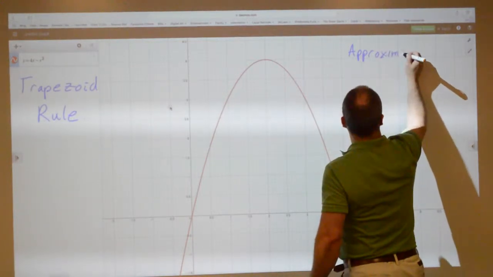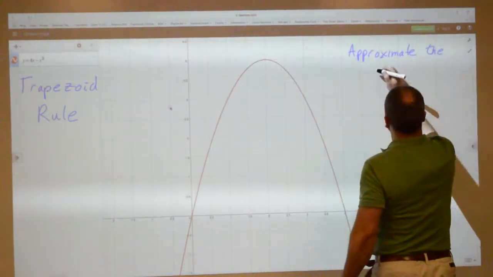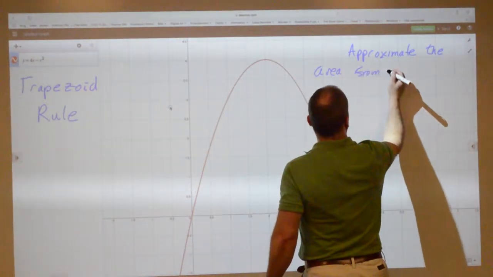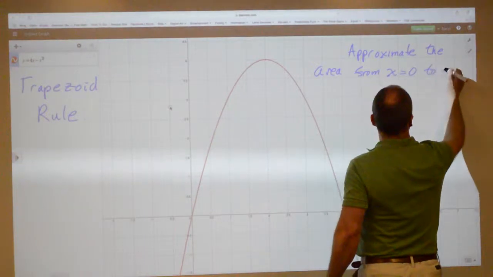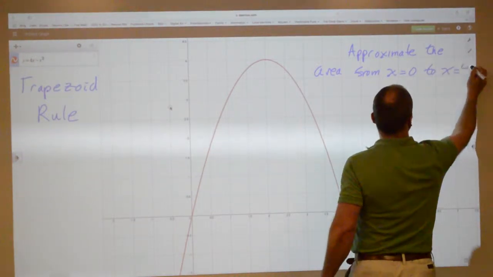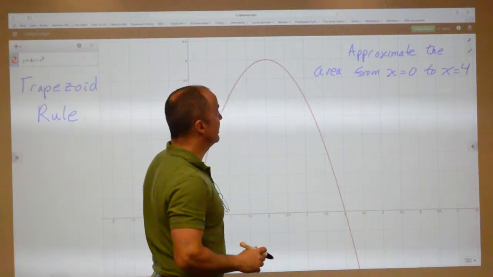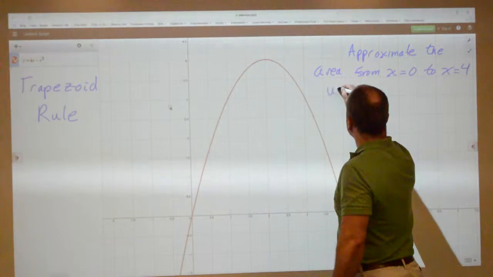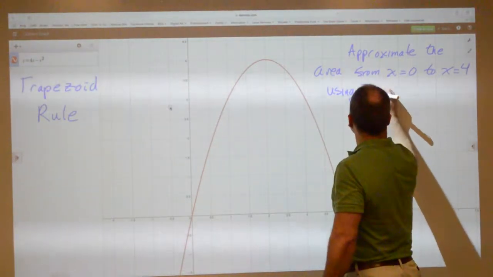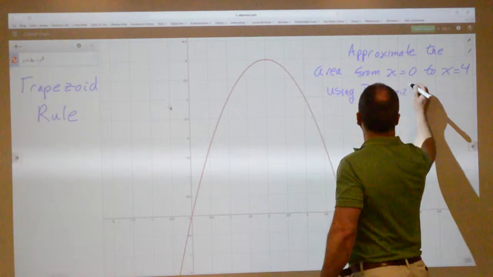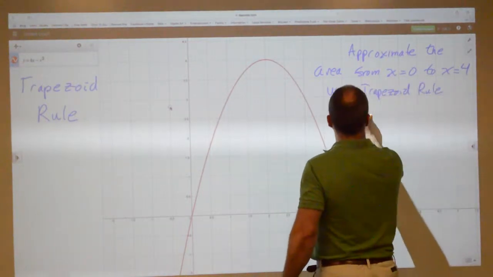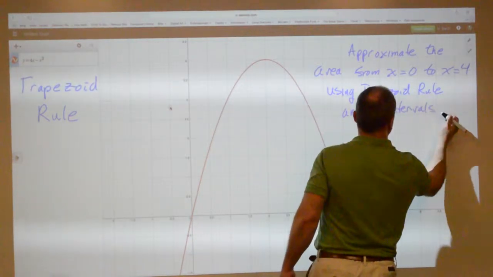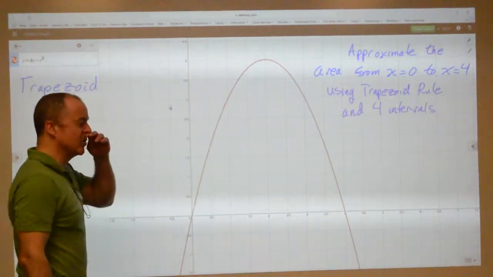Your instructions here are to approximate the area from x equals 0 to x equals 4 using the trapezoid rule and 4 intervals.